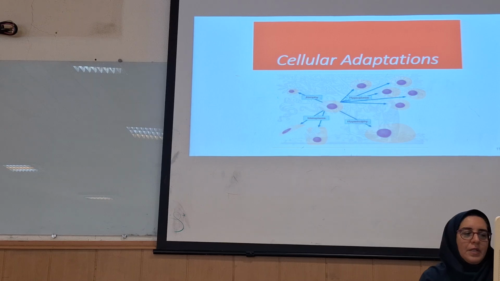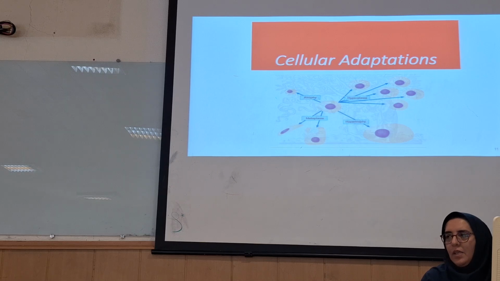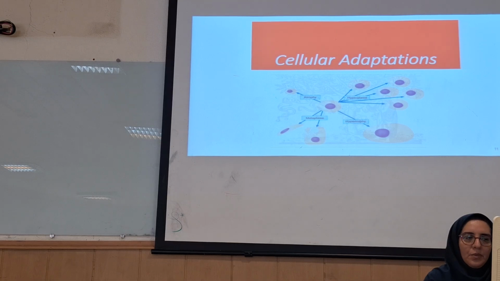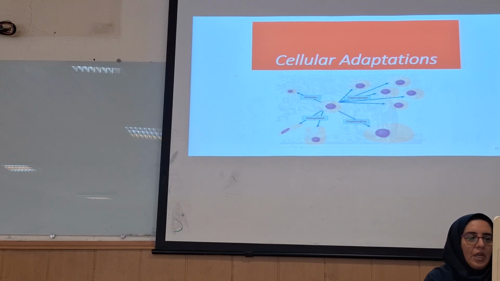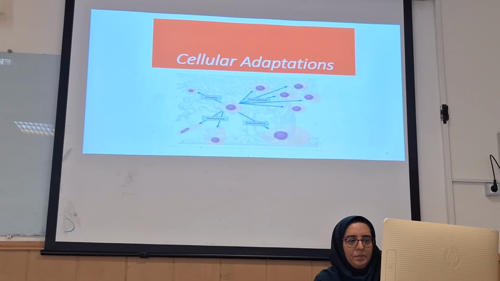For example, this cell is normal. If it becomes smaller in size, we have atrophy. Increase in size, we have hypertrophy. Increase in number, we have hyperplasia, and change in phenotype, we have metaplasia.